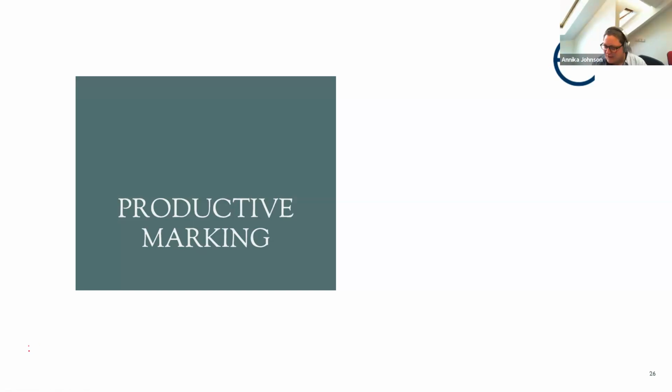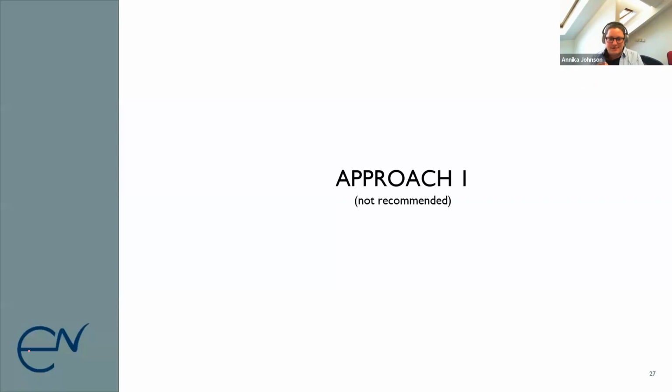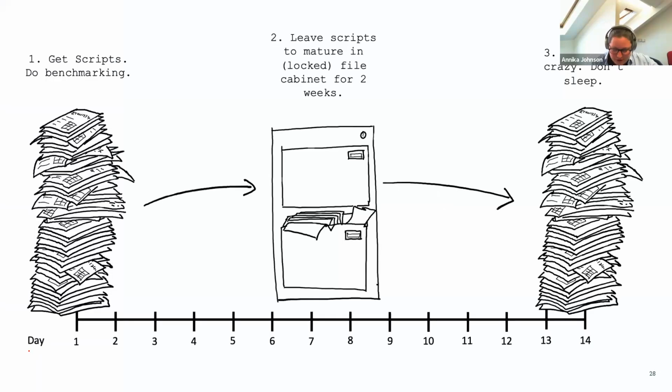I wanted to suggest 2 approaches one might take to marking. I'll be honest, I've taken both of these approaches in my marking lifetime. This is the one I would not recommend. Day 1, go to the office, get a big pile of scripts, or get them in your inbox, one of the 2.